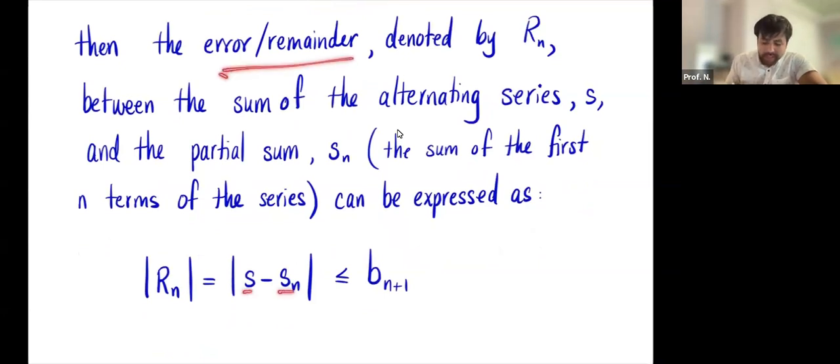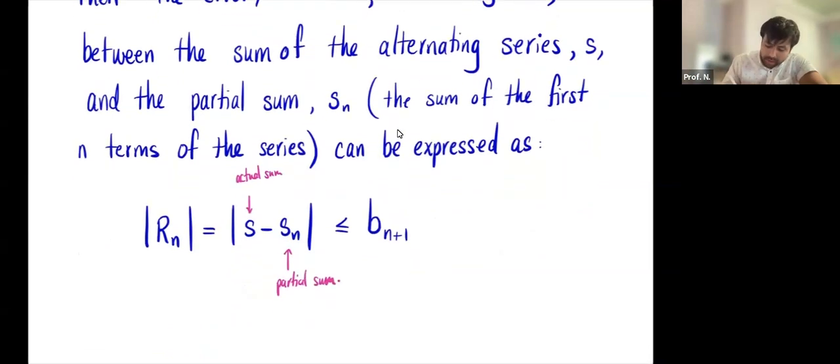The remainder is defined as the difference between the actual sum S and S sub n, the partial sum. So this is an approximate value, and this is an exact actual value. If we subtract these two sums, we would get some kind of remainder.